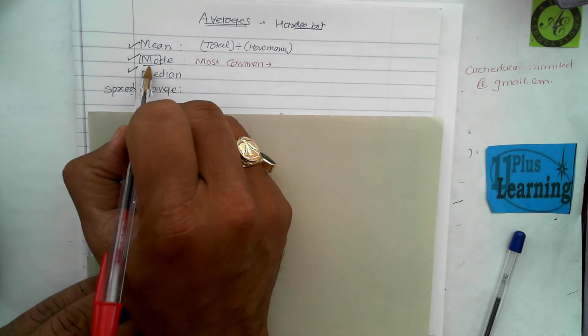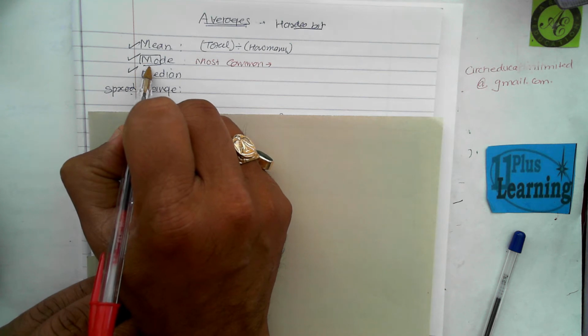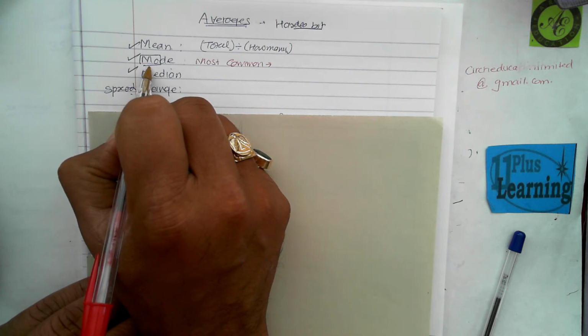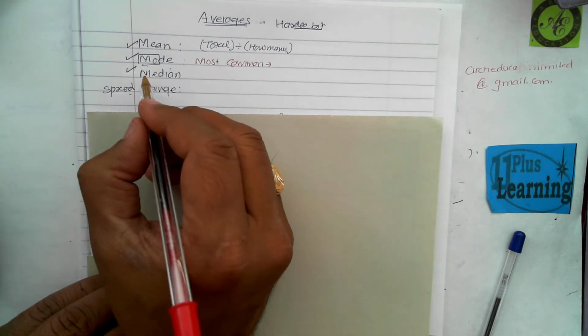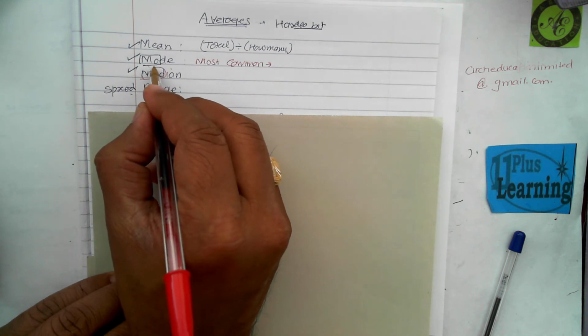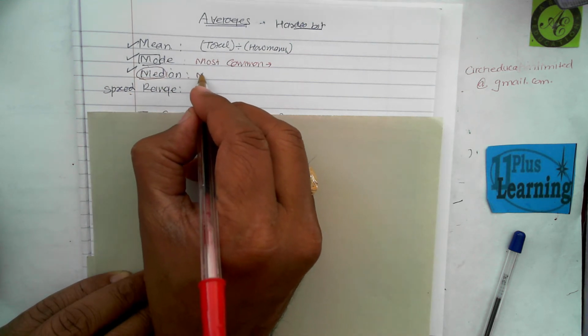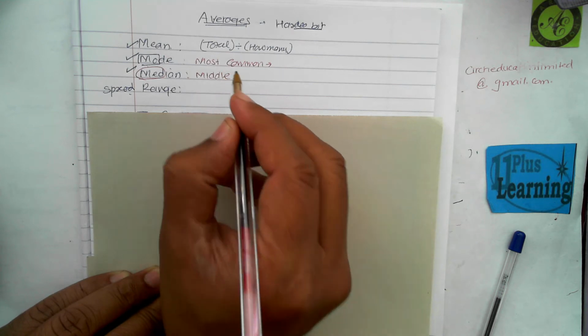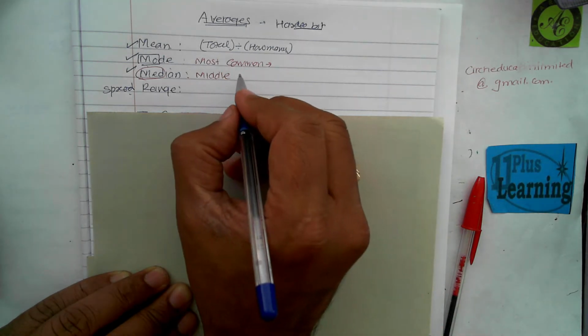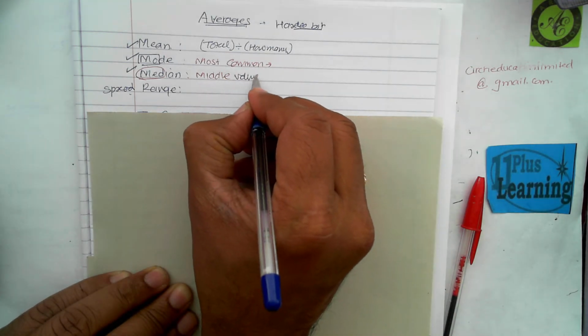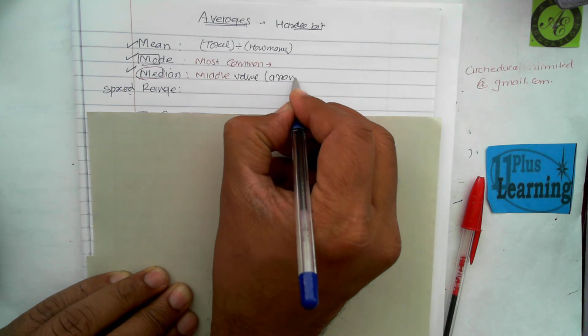This mode can be found for data which are non-numerical as well, like choice of colors. Median resonates with middle, so we find the middle value. Very important, it's the middle value of arranged data.